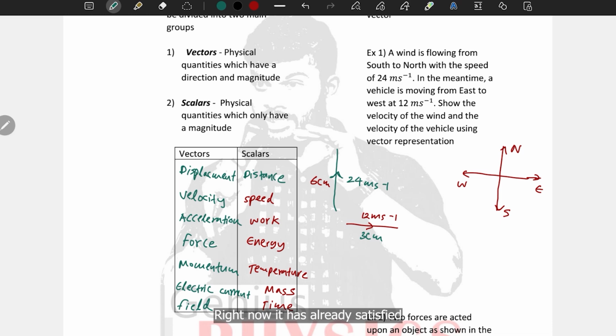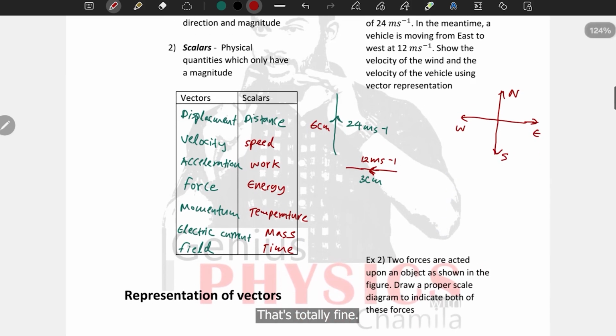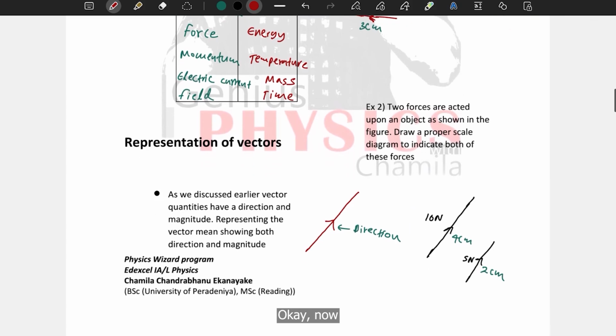Now it has already satisfied the direction requirement as well, because, oh my bad, it's traveling from east to west, so I want to oppose the direction of the arrowhead. So this will be the vector. That's totally fine. Now let's go to the next part of this lesson.